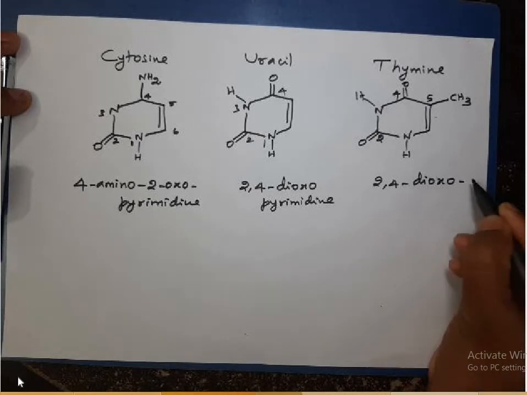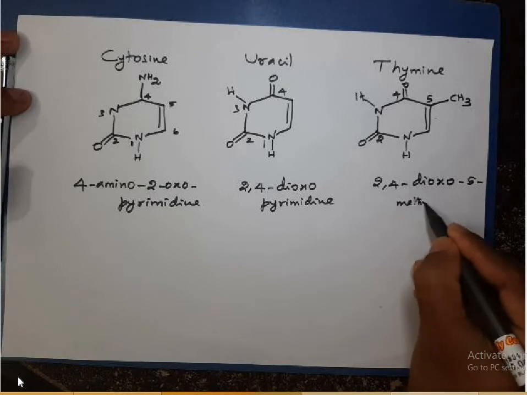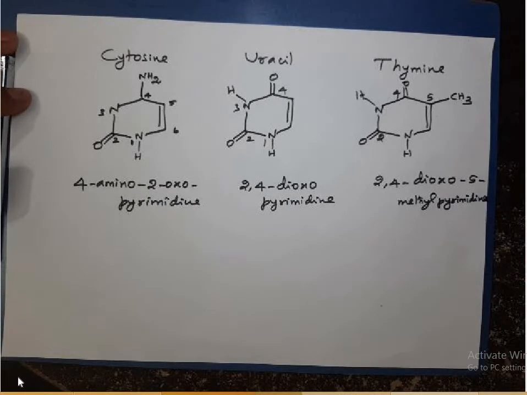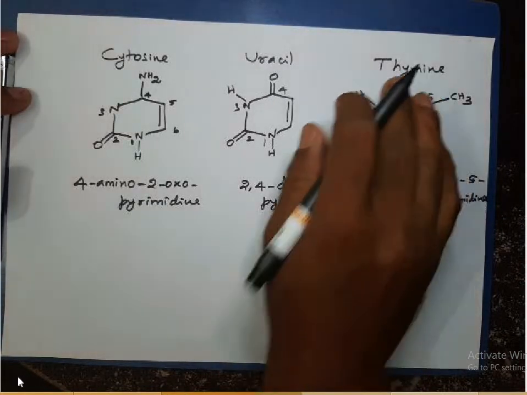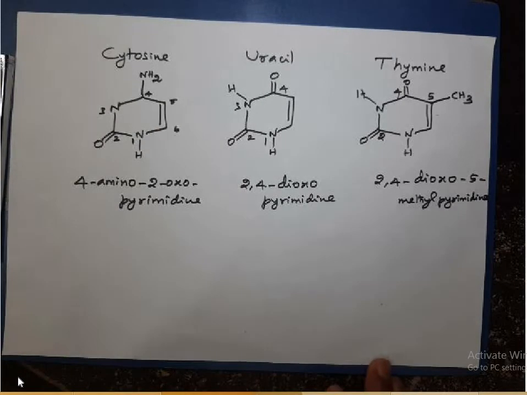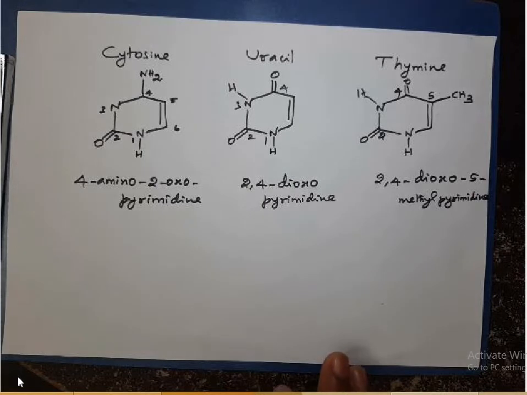This is what we call thymine. So students, just remember the common structure first, then place the substituents so that you can easily remember the structures. So now you know what are all the pyrimidine bases present.